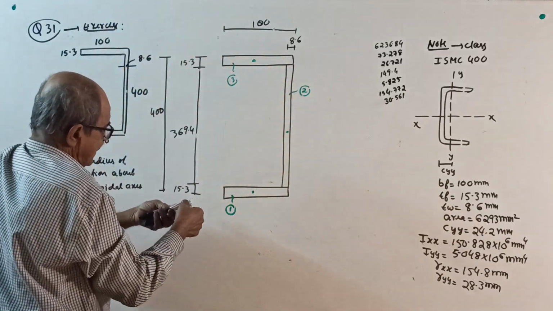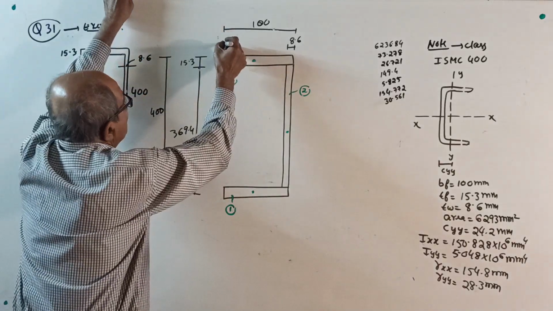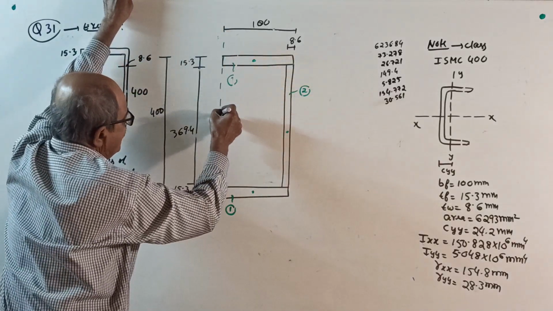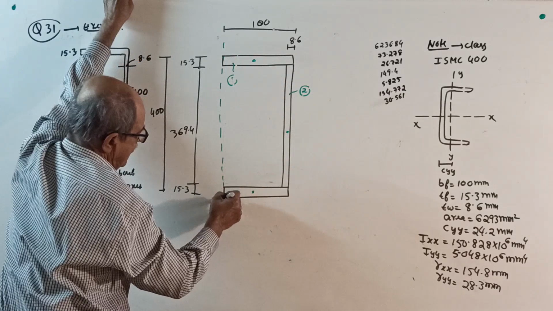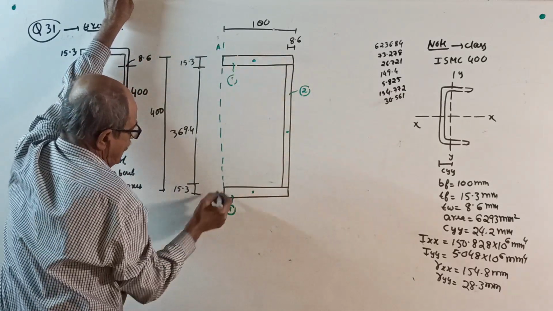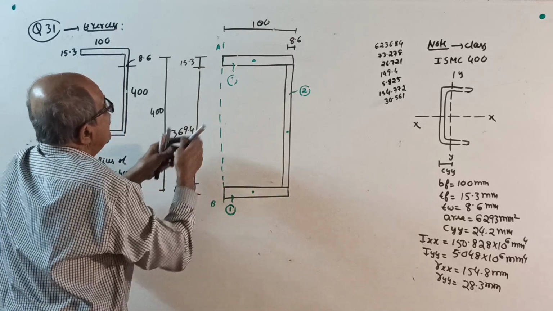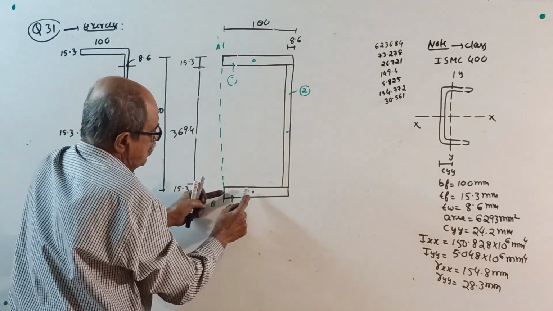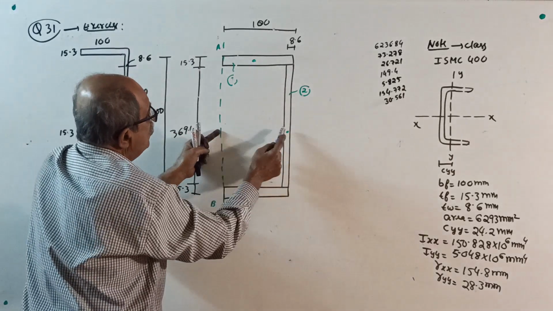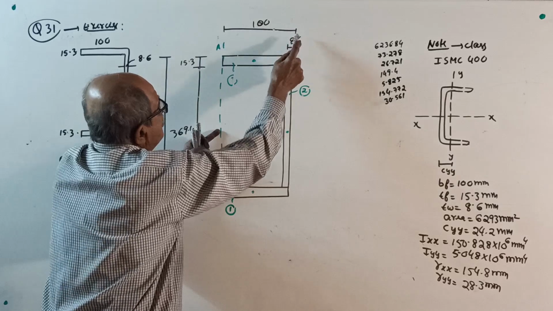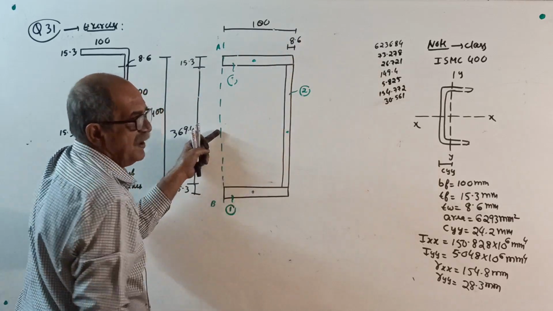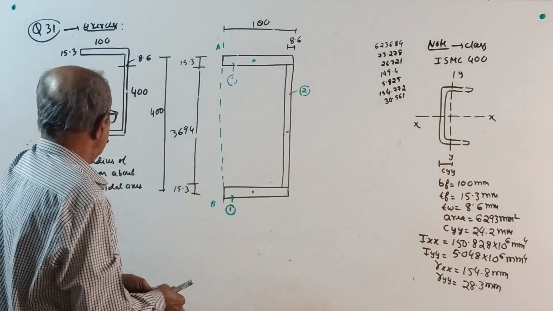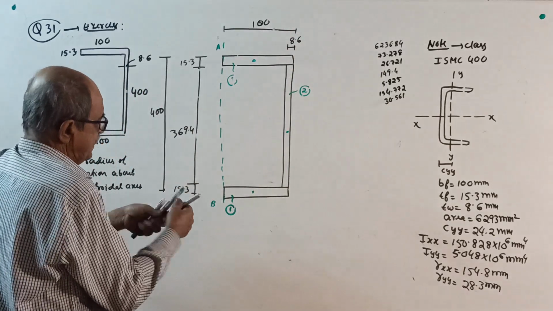From this extreme edge here, take reference AB. X1 is 100 by 2, X3 also 100 by 2, X2 is 100 minus 8.6 by 2. To get X bar, first you also calculate area.